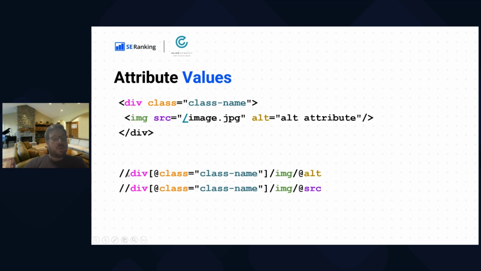So we do //div @class equals class name, and then /img to look for any image tags within that class, and then at the end we just put @alt or @src. Alt is the alt text and src is the link URL. So then you can extract really deep information there.